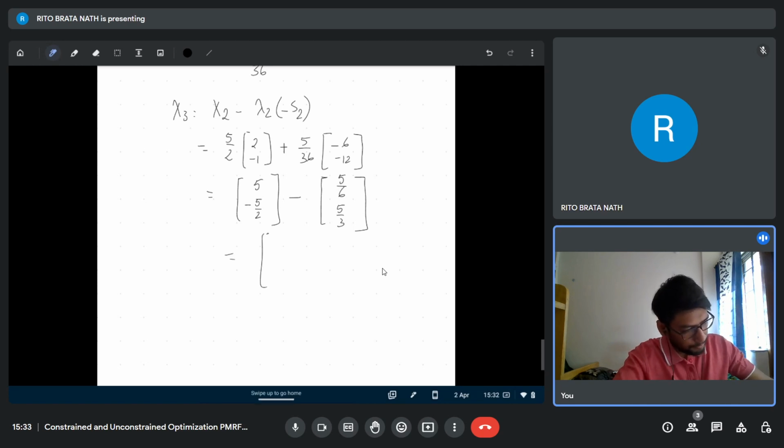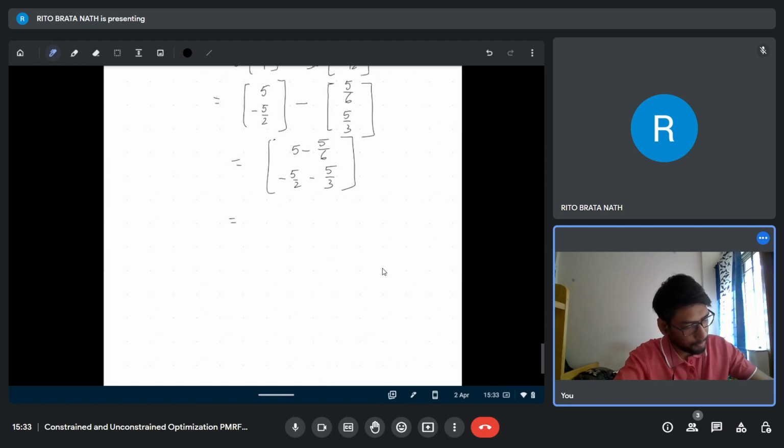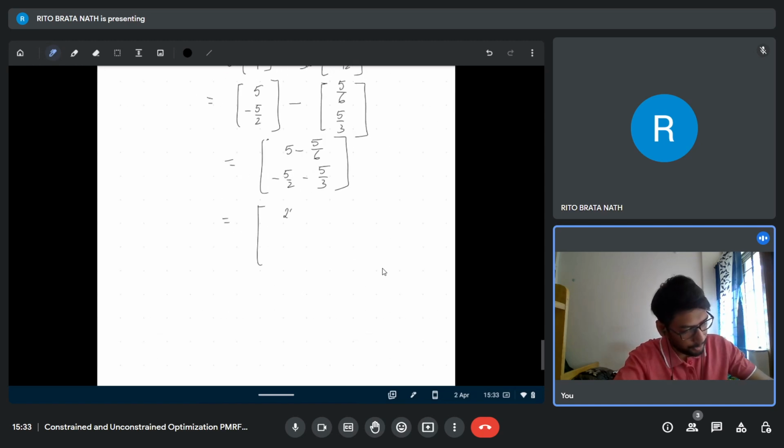Okay, so this becomes 5 minus 5 by 6. This becomes minus 5 by 2 minus 5 by 3. This becomes 25 by 6. Here it becomes 15 plus 3. So this is minus 25 by 6.